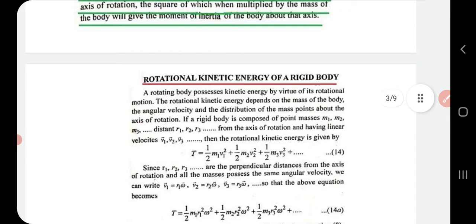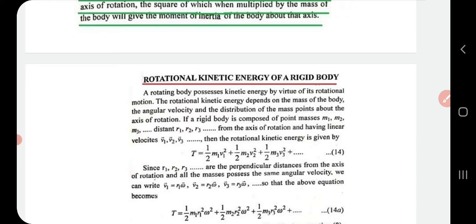Next is rotational kinetic energy of a rigid body. We know any body in motion possesses kinetic energy. Similarly, a rotating body also possesses kinetic energy because of its rotational motion.